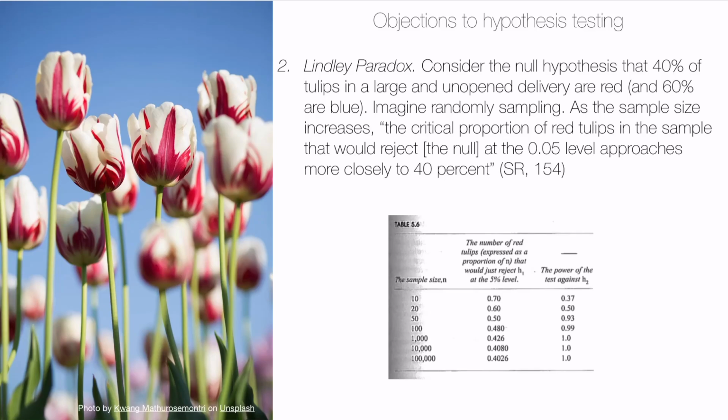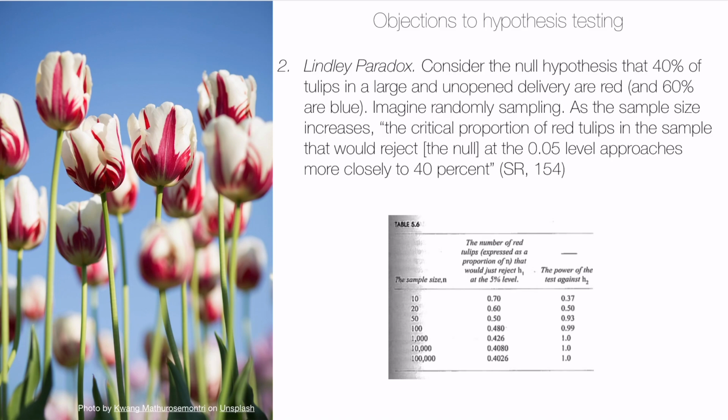In this lesson, we'll take a look at another objection to hypothesis testing called Lindley's paradox. And this paradox is really related to evidence from a hypothesis test rejecting a null hypothesis when intuitively it seems as though that evidence should support the null hypothesis.